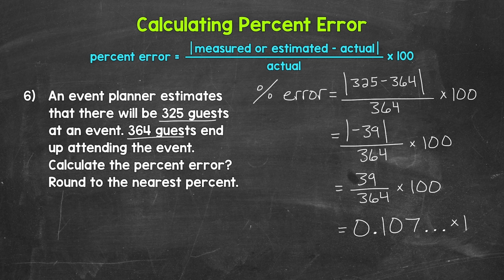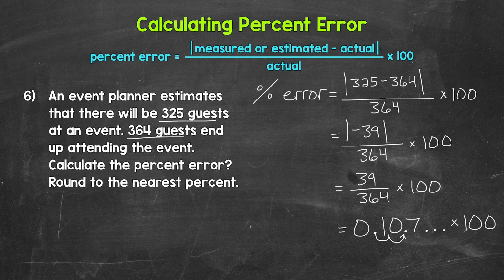And we need to multiply that decimal by 100. So let's multiply it by 100 in order to convert it to a percent. So we need to move the decimal once, twice to the right. That gives us 10.7, and again, that decimal continues on. So we're going to round to the nearest percent here.